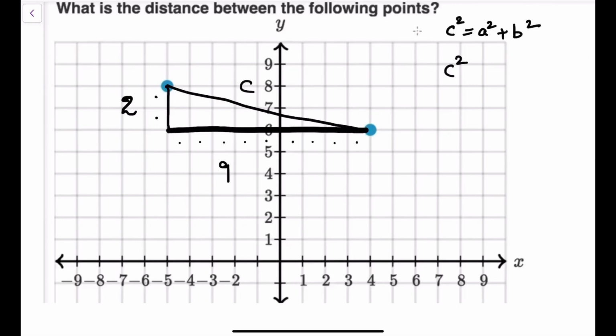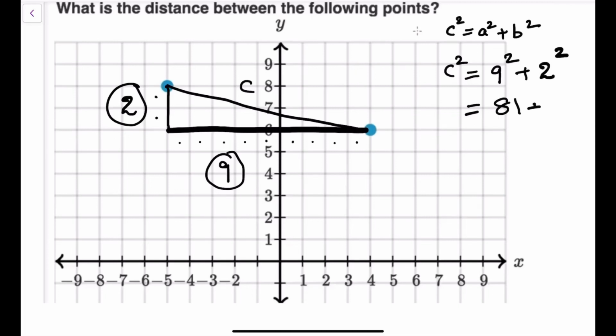So C square is equal to A square, which is 9 square, plus B square, which is 2 square. 9 square is 81 plus 2 square is 4. So C square equals 85. Okay, now C equals root of 85. Don't go beyond this. It is not necessary that you find out the value of root of 85. Root of 85 itself will be the answer.